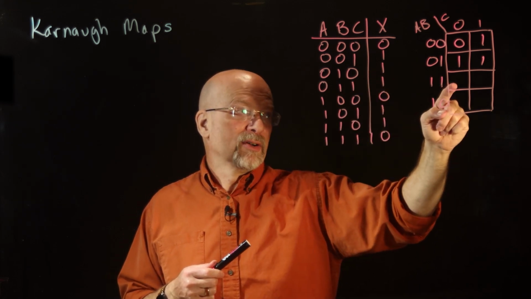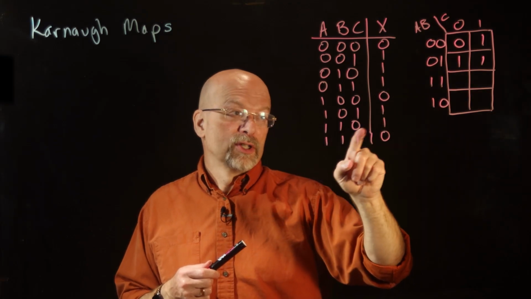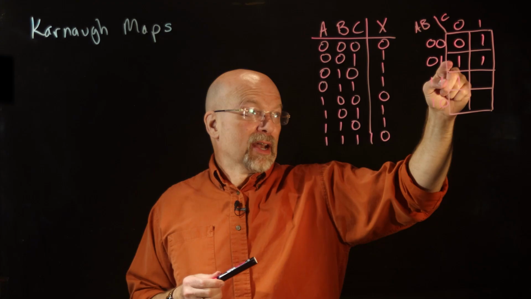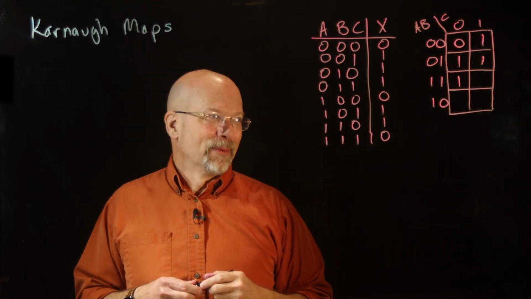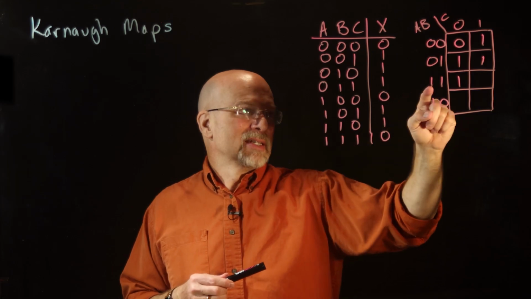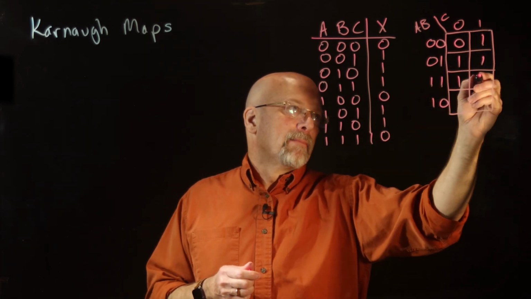This cell is actually where A is 1, B is 1, C is 0. 110, there's a 1 there. And we already see we've got another pair happening right there, don't we? This cell is A is 1, B is 1, C is 1. This bottom row, there's a 0 there.